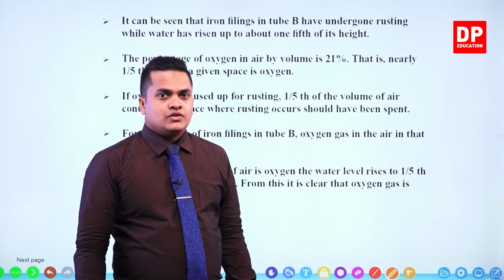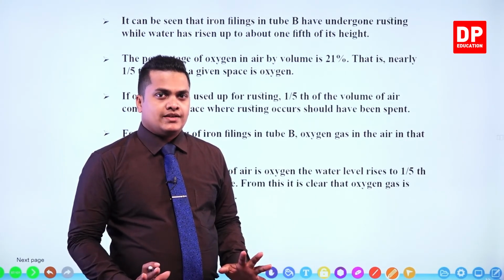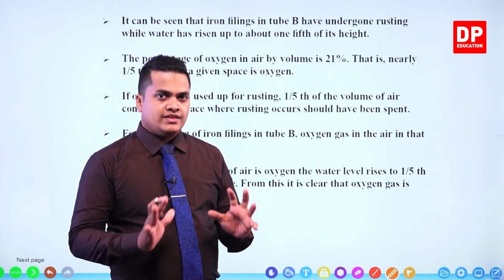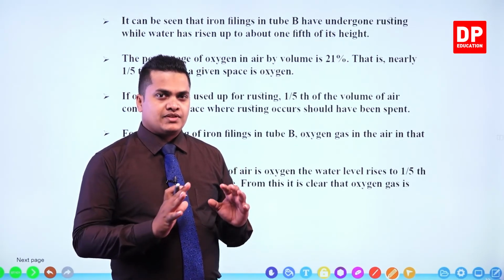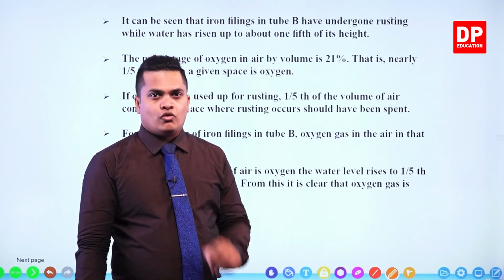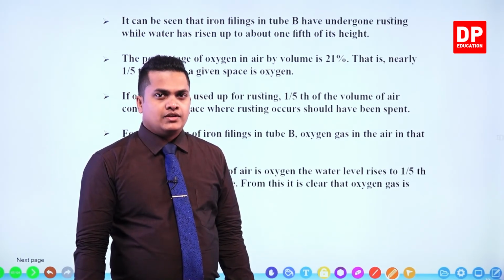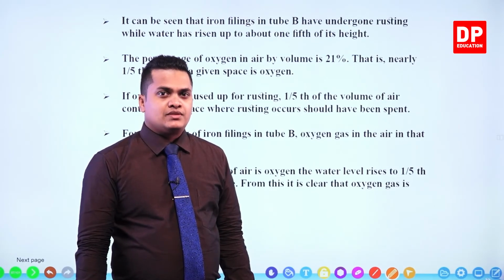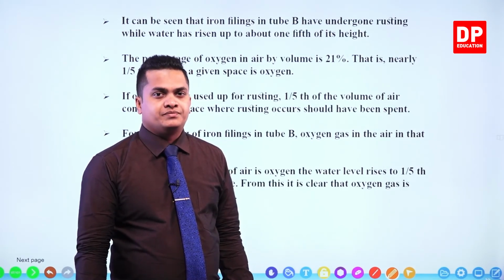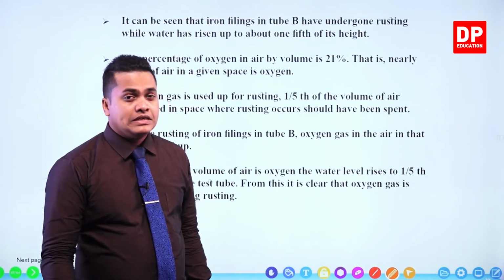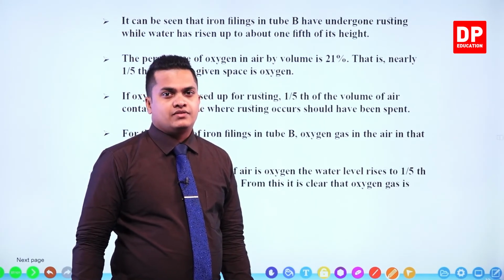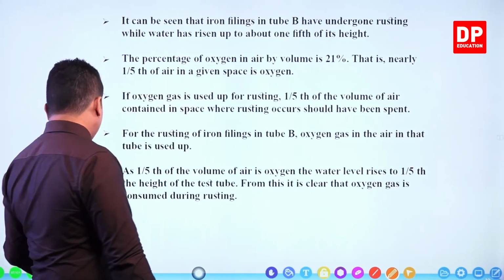Right then. So it's clear to us that rusting is a chemical process, or a chemical change, that happens with the presence of oxygen and with the presence of moisture or water vapor, right? So this rusting process is mainly occurring due to oxygen and water vapor or moisture. So let's move on with the next slides to observe further things in the lesson, right?